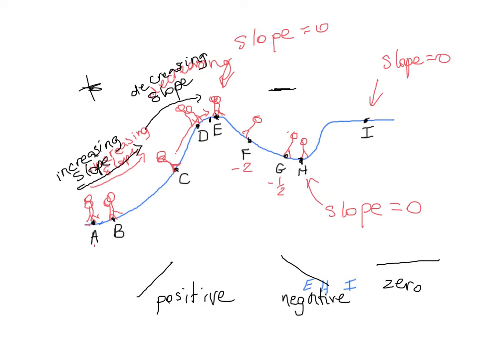So let's finish labeling our graph here. Going from E to F, it's going from 0 to negative. Oh, let's erase that. Hold on. All right, so going from E to F, it's getting negative, so it's decreasing. So it's still decreasing from the side before.